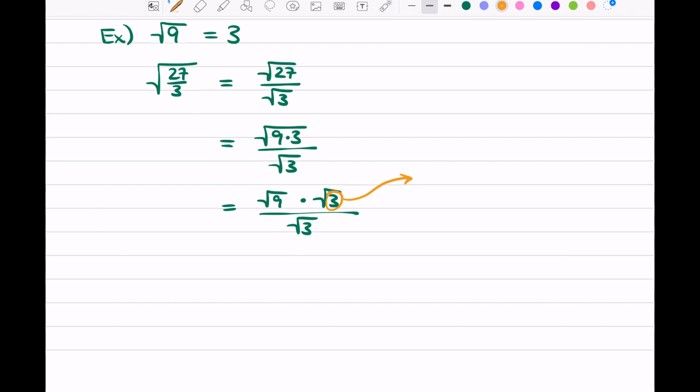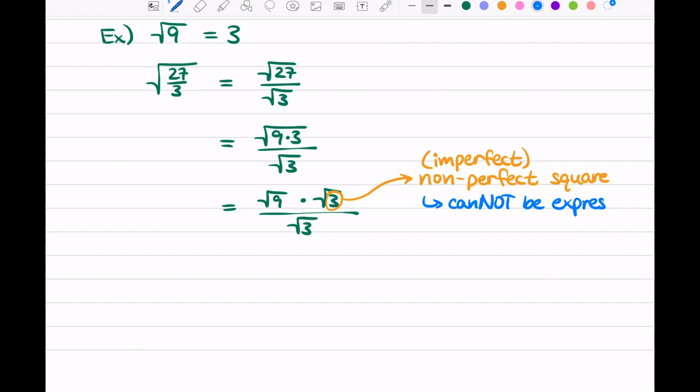This brings us to a new term. 3 is a non-perfect square. Or we could also call it an imperfect square. So this is the opposite of a perfect square. This cannot be expressed as plus or minus a whole number squared, where again our number inside is a whole number.